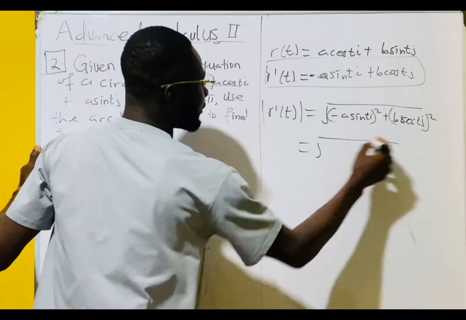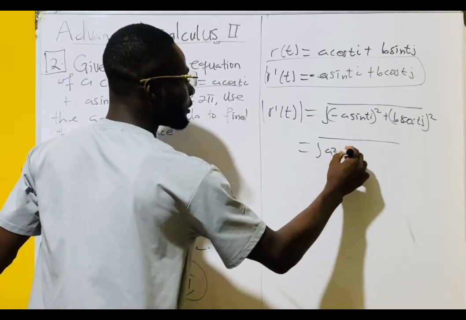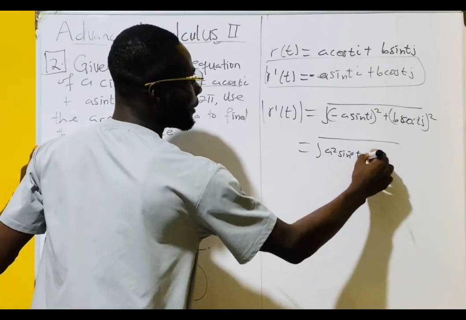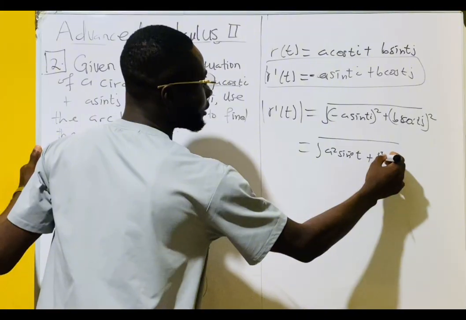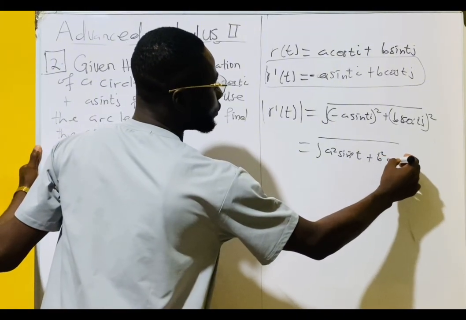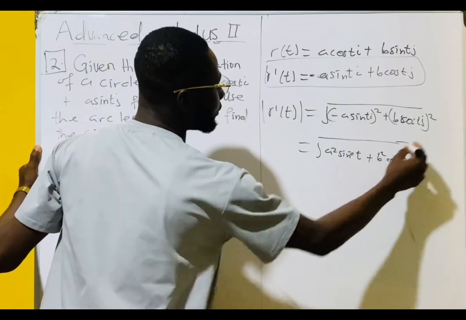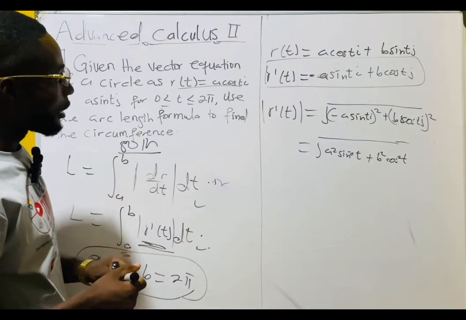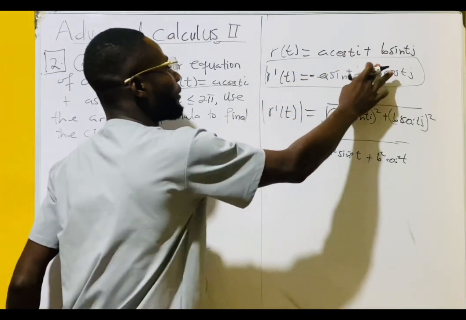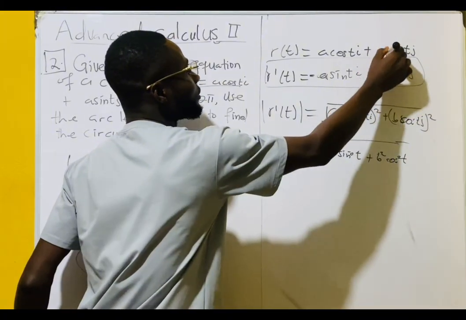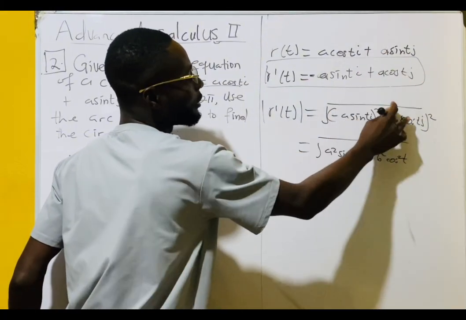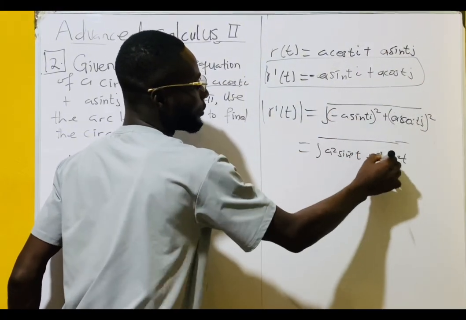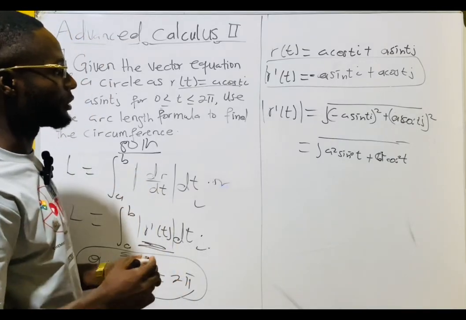So we're going to have a squared sine squared t plus a squared cos squared t. I guess all of the notations are a.